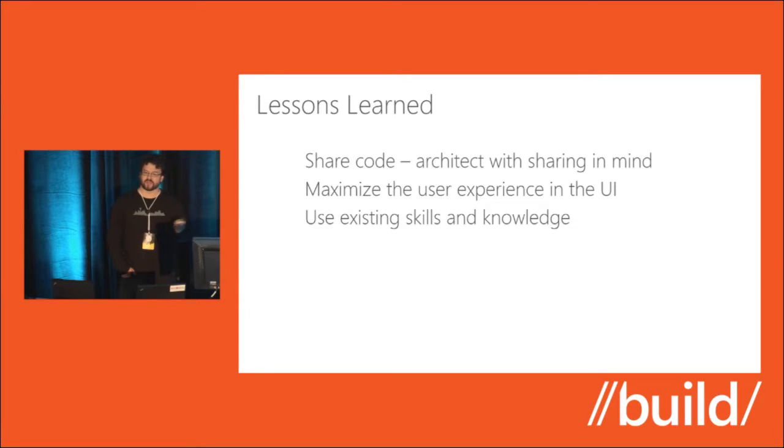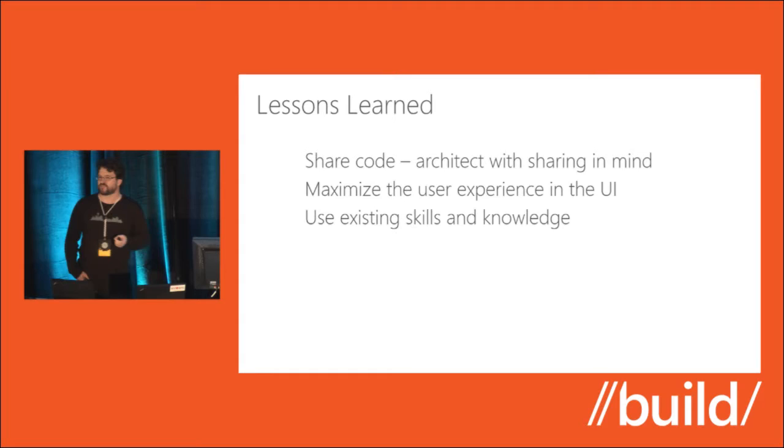And finally, using your existing skills and knowledge. There's a lot of cross-pollination when Doug and I wrote this application in terms of moving each app along. Sometimes I'd do a little bit of coding over on the Store app, and Doug would come over and do something on the Windows Phone app. I didn't have really any knowledge of building Store apps, and Doug was probably the same for phone apps.